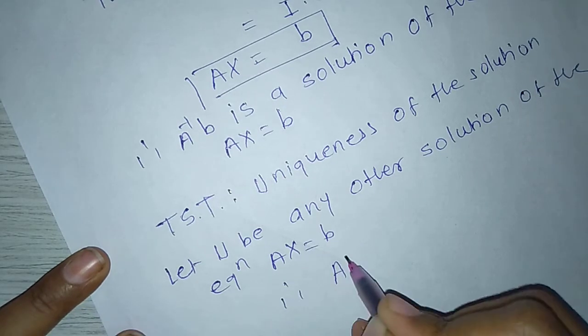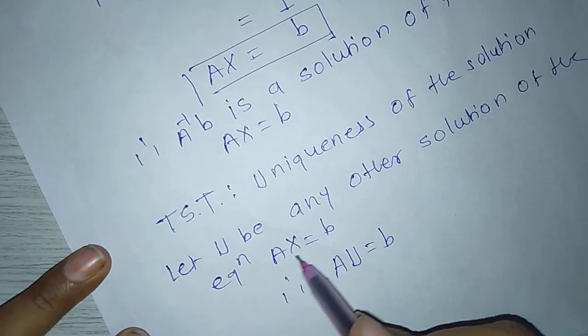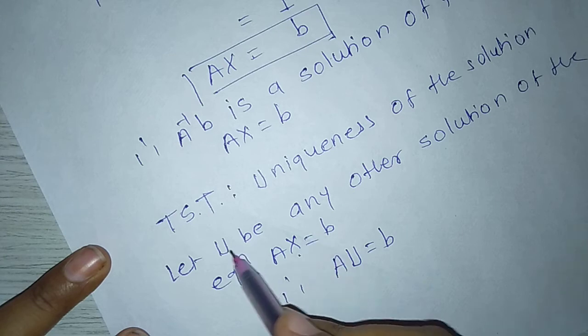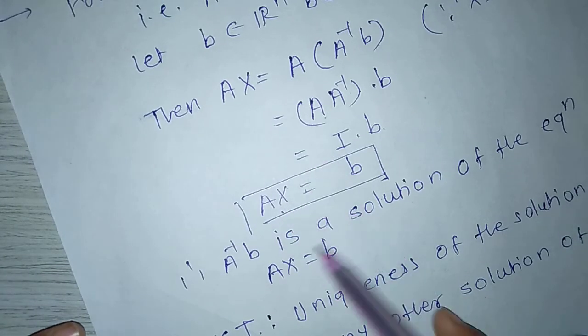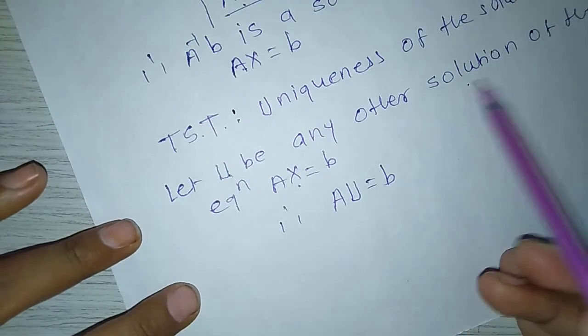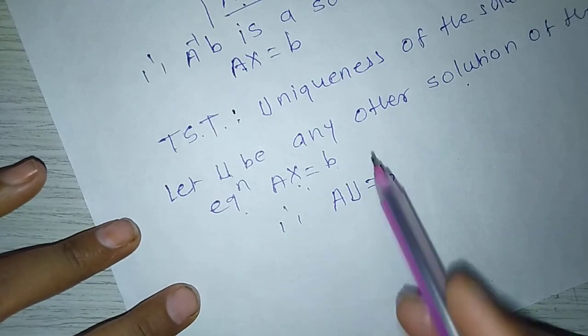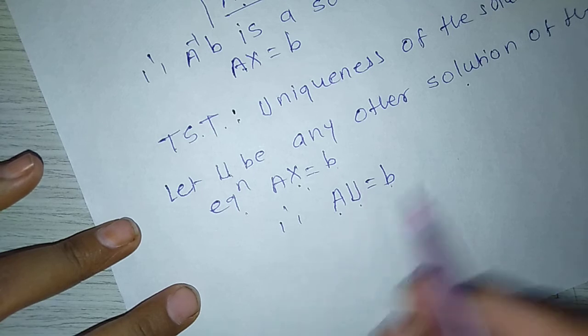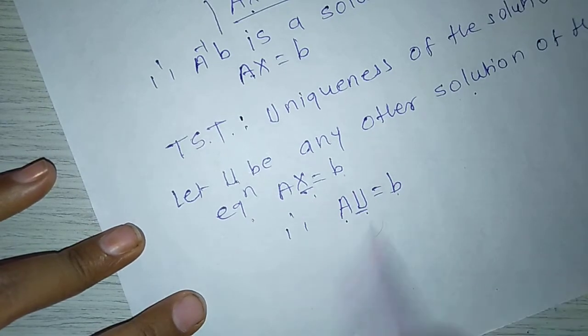Therefore A into u equal to b, because x is nothing but u, since u is a solution of this equation. Let u be any other solution of the equation A into x equal to b. Therefore A into u equal to b. We replace x by u.